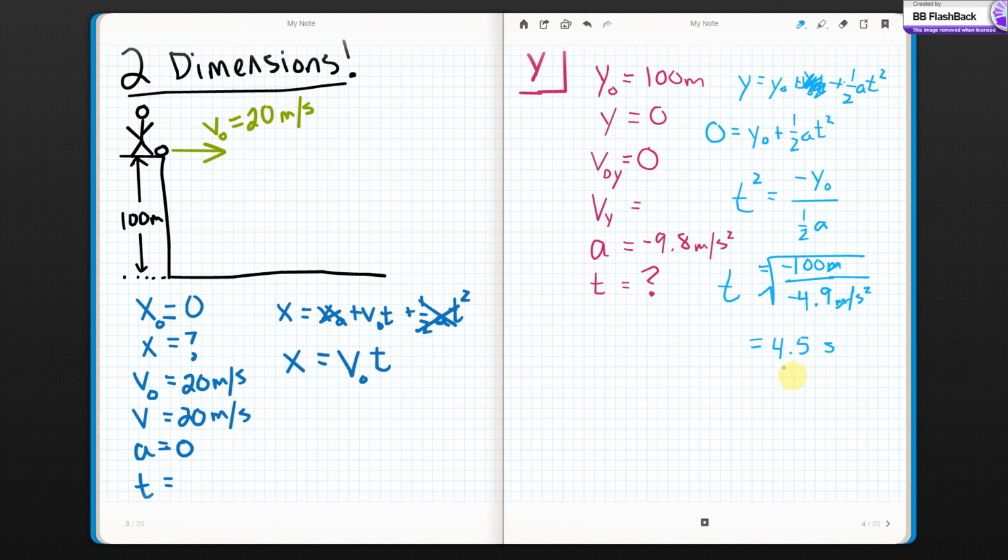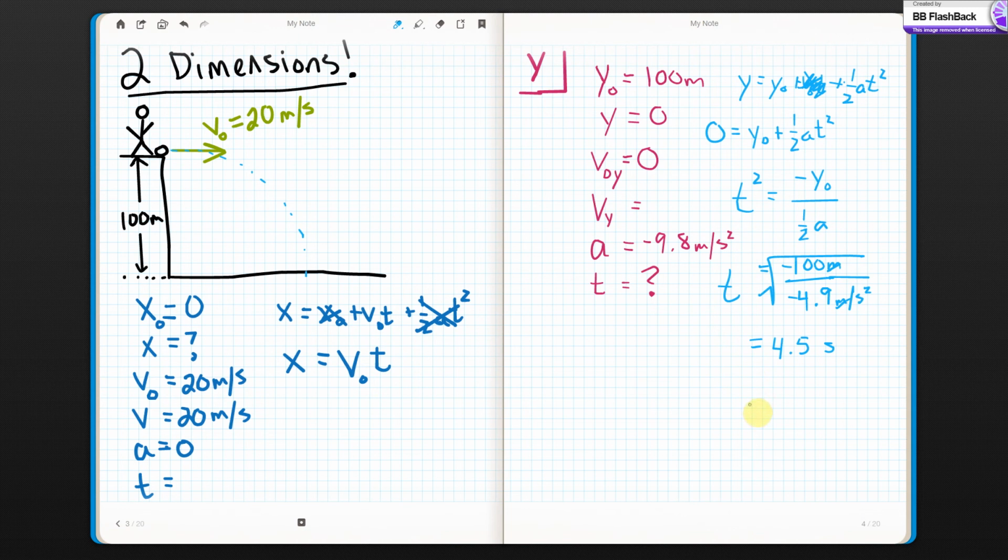So that is how long until it hits the ground. So it's going to do something like this. That's not a great picture. It should look more like a parabola, sorry, but you get the idea.